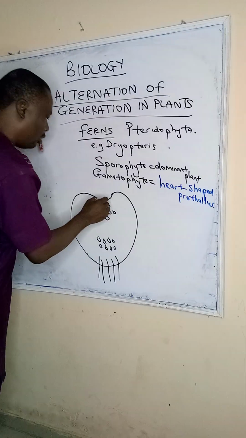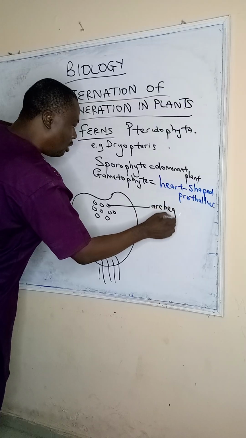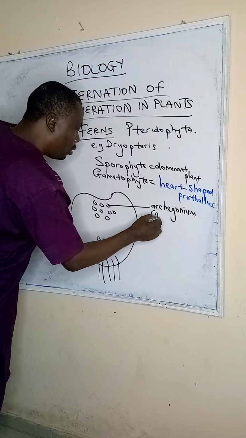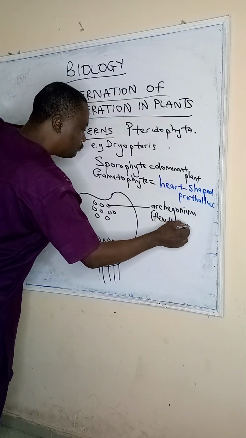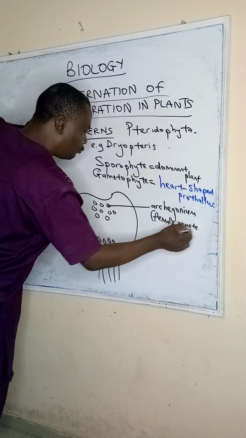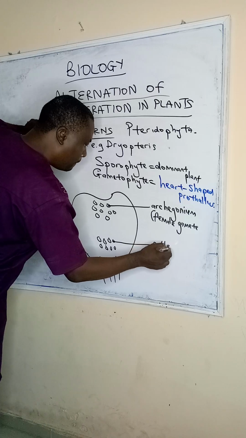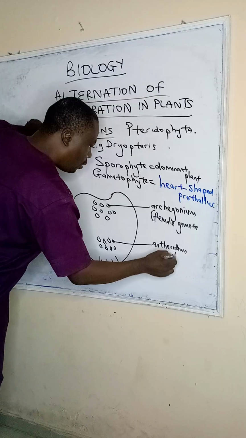Here is called the archegonium, the female gamete. Here is called the antheridium, the male gamete.